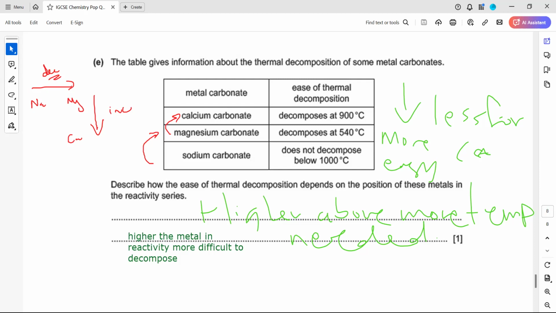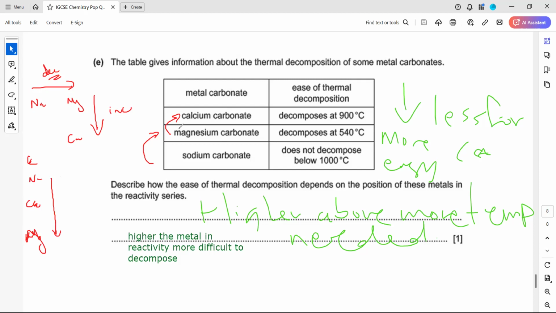In A levels, you will learn a reason. You can just compare, even in terms of reactivity. We have the reactivity series. If you write the reactivity: potassium, sodium, calcium, magnesium. So you can compare in terms of reactivity.